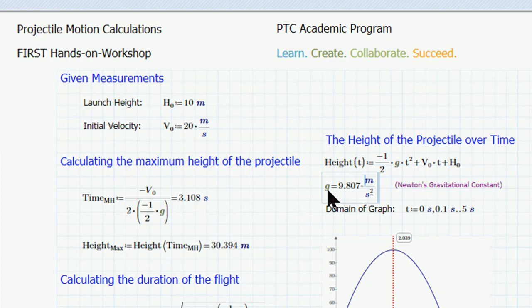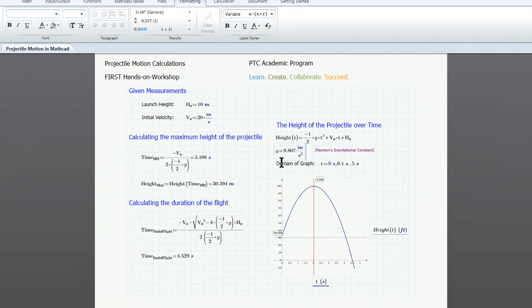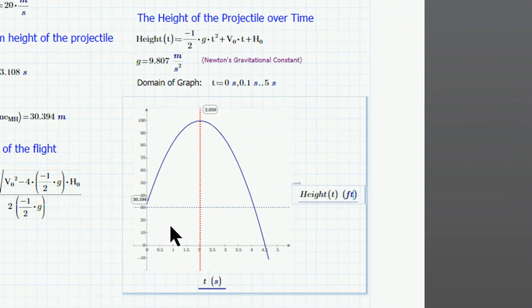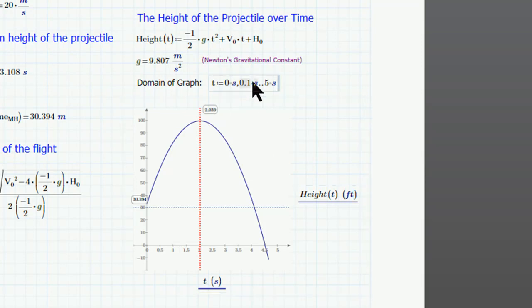As you can see, each of these statements uses standard mathematical notation. Finally, we see a graph on this worksheet. The graph plots the relationship between the function height and the variable t, with t defined from 0 to 5 seconds. The graph is a live mathematical object that is linked to both the variable t and the function height.